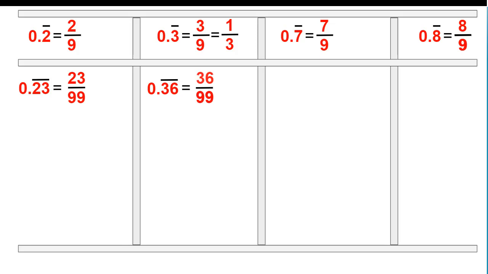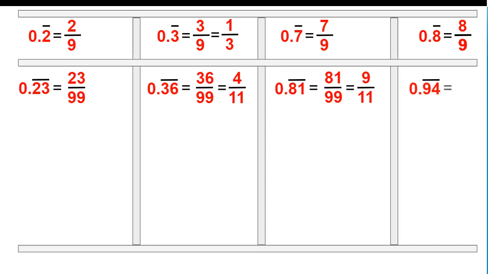So 36 over 99, which should be simplified by dividing it by 9. 36 divided by 9 is 4, and 99 divided by 9 is 11. 0.81, where the 81 is recurring, is 81 over 99, which should be simplified again by dividing it by 9. 9 over 11, that's the answer.